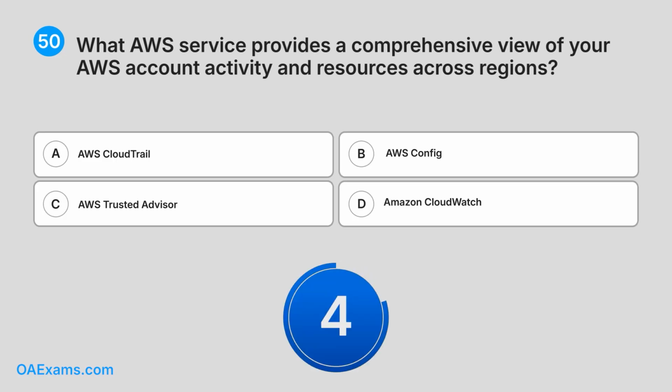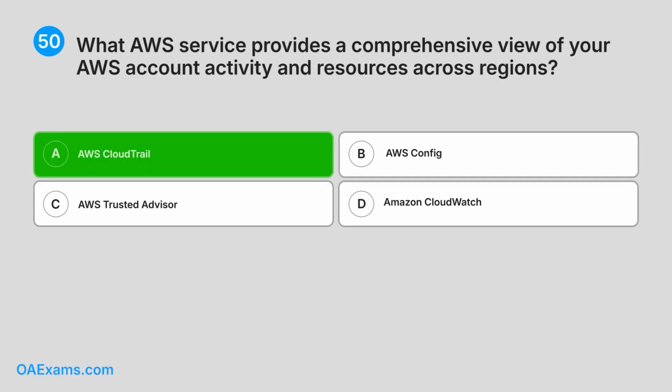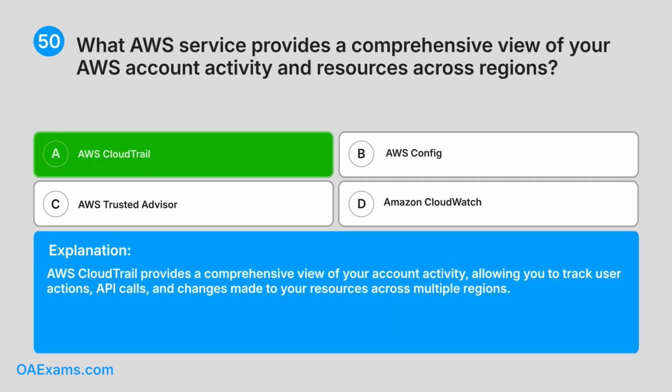Do you know the answer? Correct answer A. Explanation: AWS CloudTrail provides a comprehensive view of your account activity, allowing you to track user actions, API calls, and changes made to your resources across multiple regions.